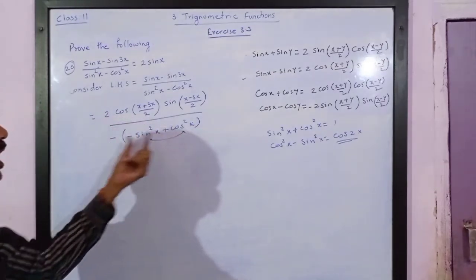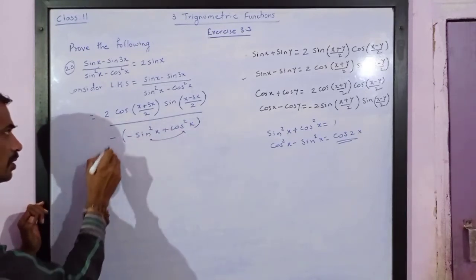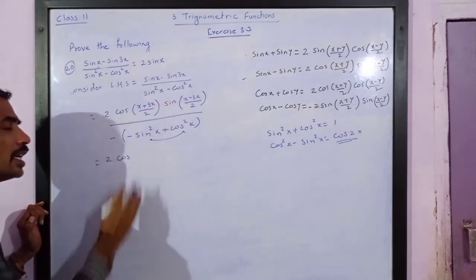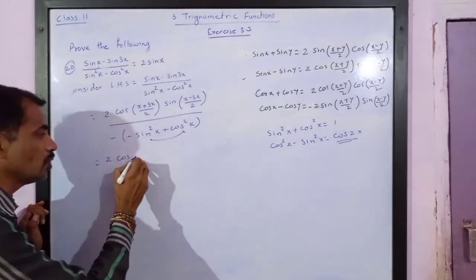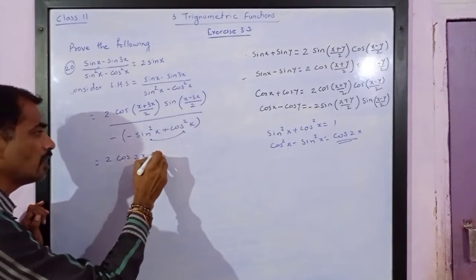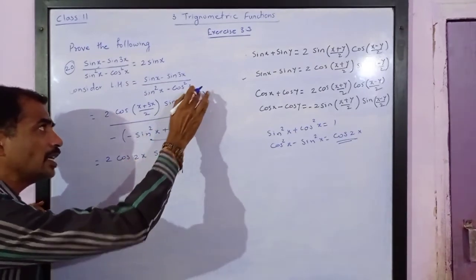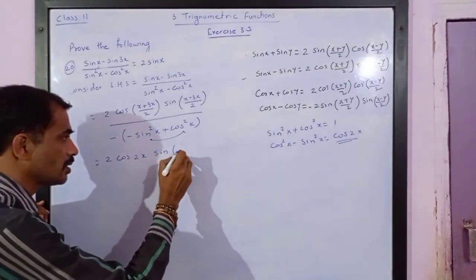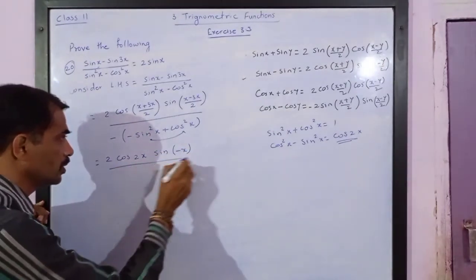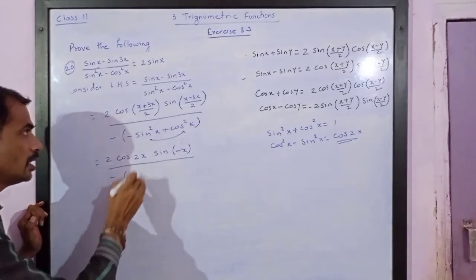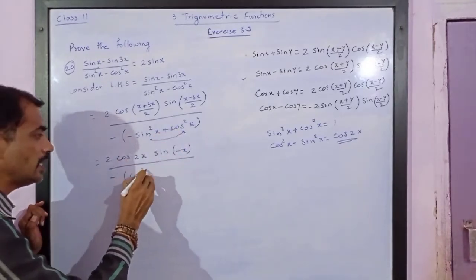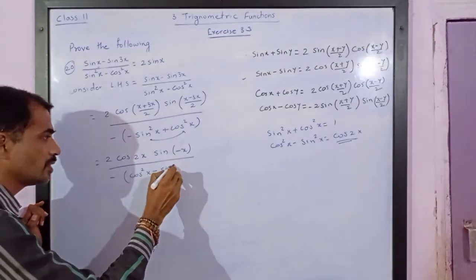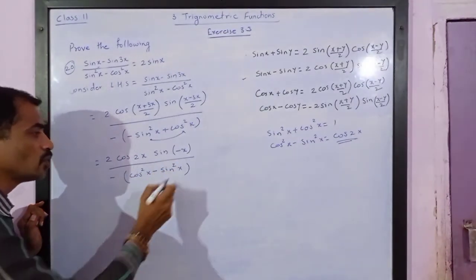So if you rearrange the terms, the numerator becomes 2 cos of x plus 3x is 4x, 4x upon 2 is 2x, and sin of x minus 3x is minus 2x, minus 2x upon 2 is minus x, upon minus cos square x minus sin square x. Positive term is written at the front and negative term is written afterwards. It means one and the same.